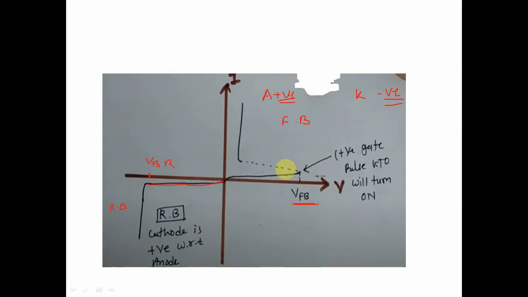This VI characteristic is similar to your SCR characteristics. The forward VI characteristics of GTO is similar to the VI characteristics of the SCR.